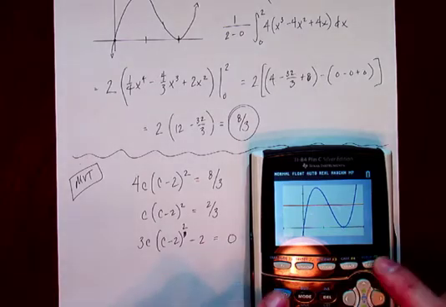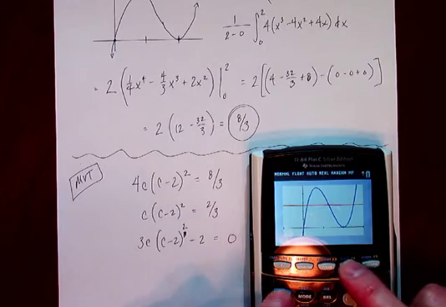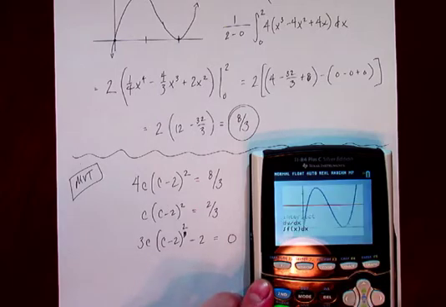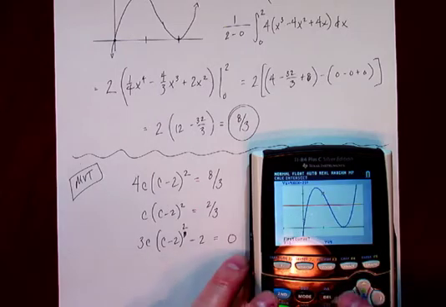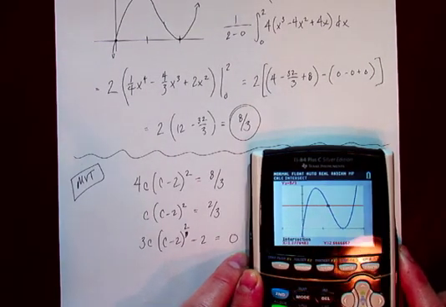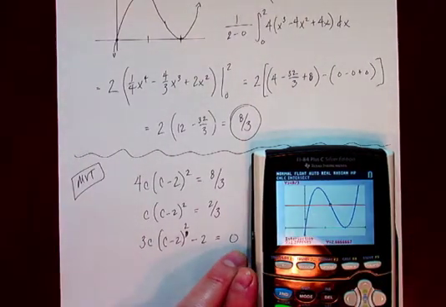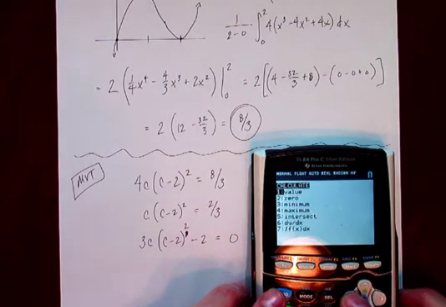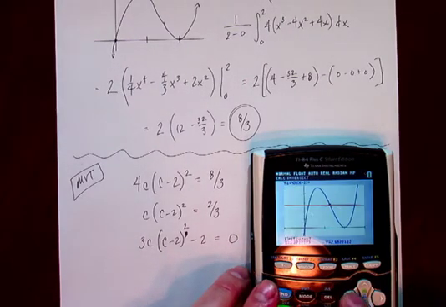And if we want to find those points of intersection, I simply need to find the points of intersection. So second calc. Let's do this one over here first. And we get 1.278, okay? And we'll go ahead and intersect the other one.